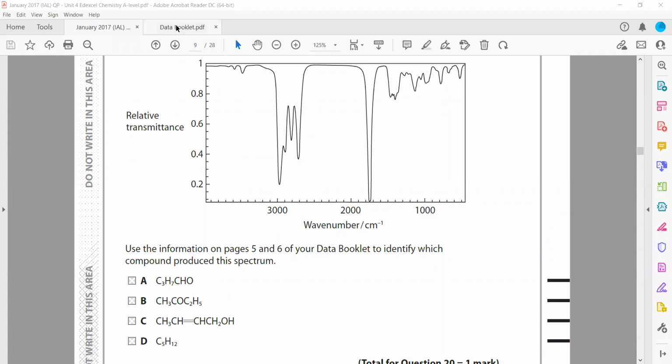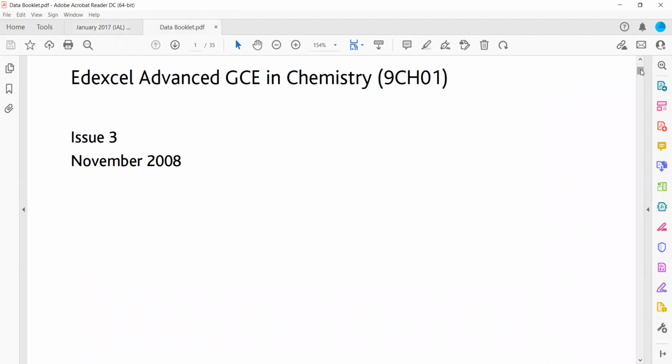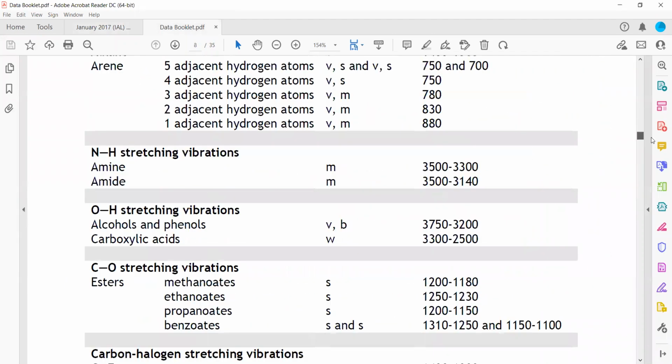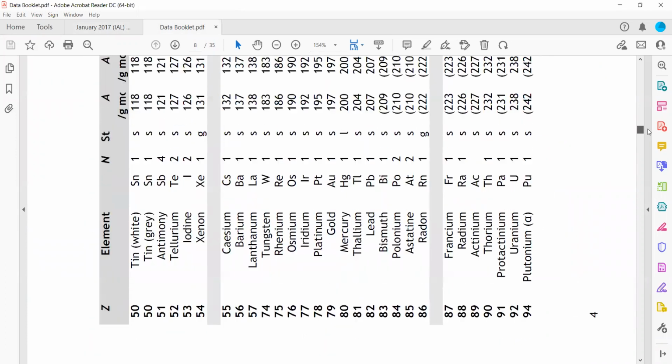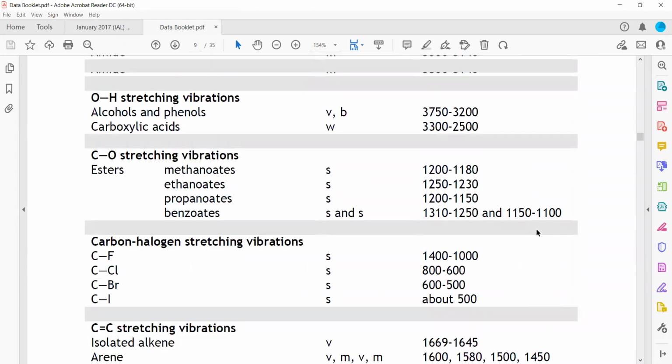Use pages 5 and 6 to work out what the compound is. We have to identify the bonds from the region of the spectrum. Page 5.